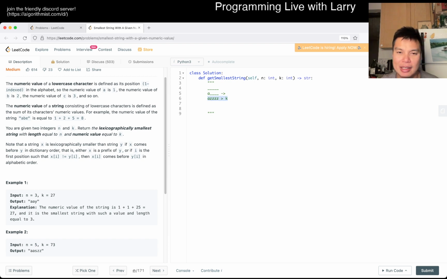Because that means that even in the worst case, we cannot. In the best case, you can just fill the rest with a's. And if this was less than or equal to k, then we're good, because that means we have enough characters to finish, so that we have a smaller string by the character that satisfies this condition.